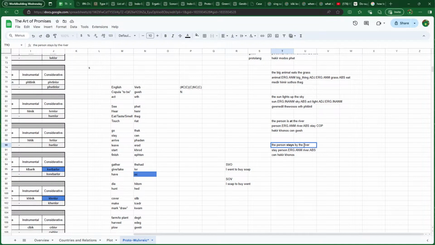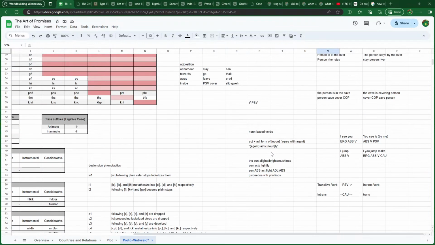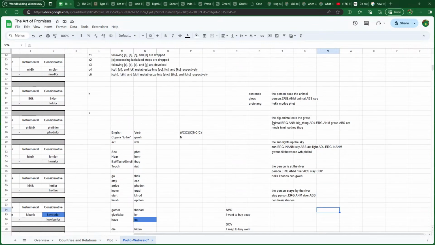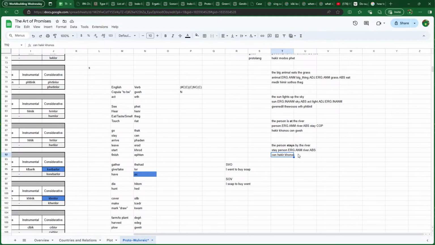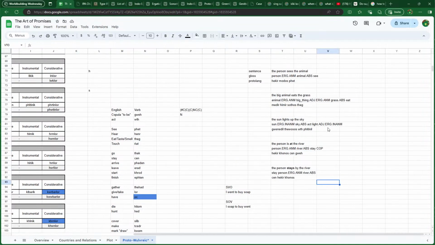And in order to stay by the river, you need an adpositional thing. Okay. So it's not shen hekir konos. It would just be shen hekir. But it wouldn't be hekir.